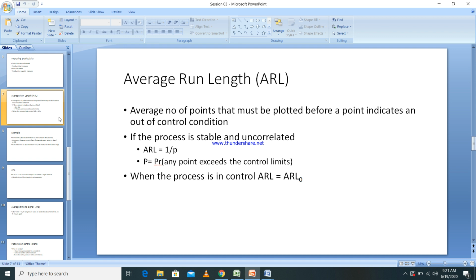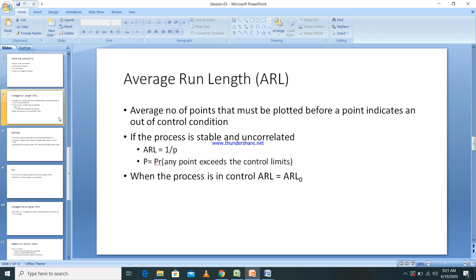That is, when your process is in control, on average how many samples you have to take to get an out of control signal. That is the meaning of average run length.